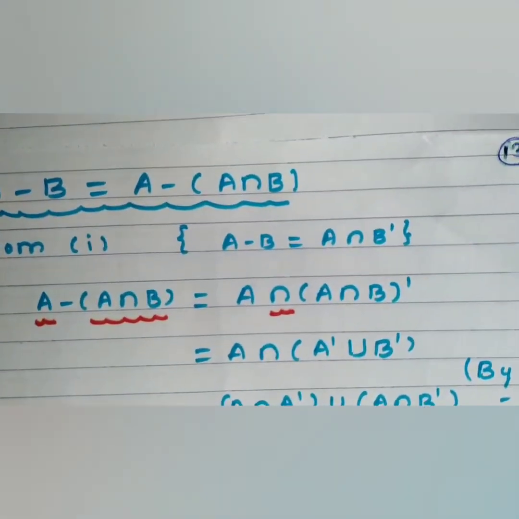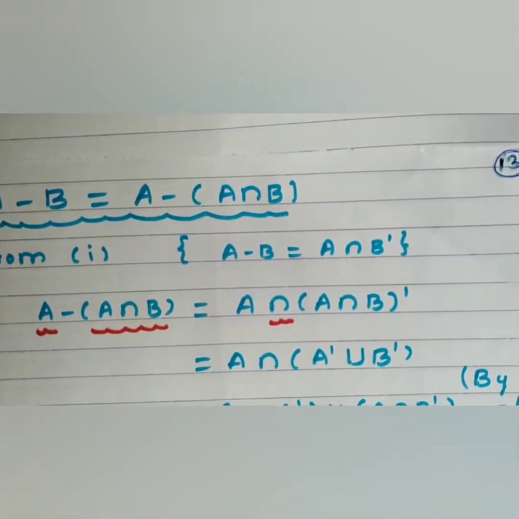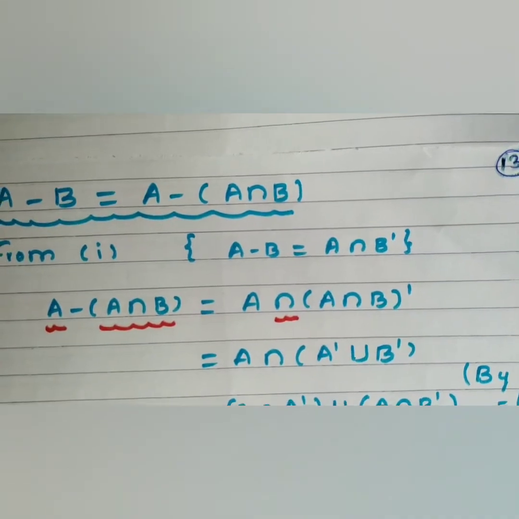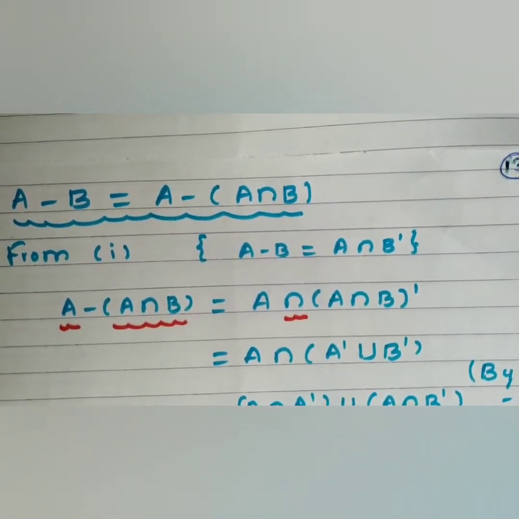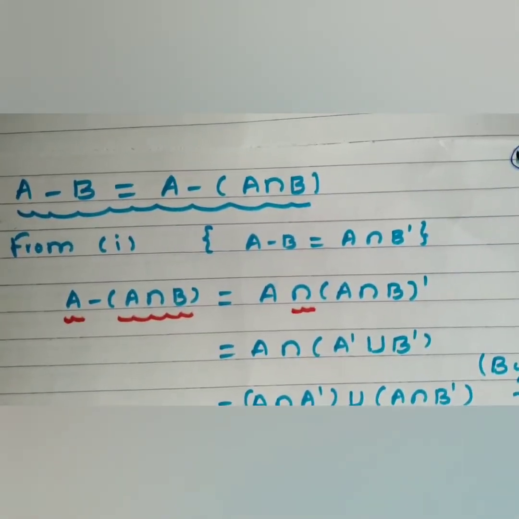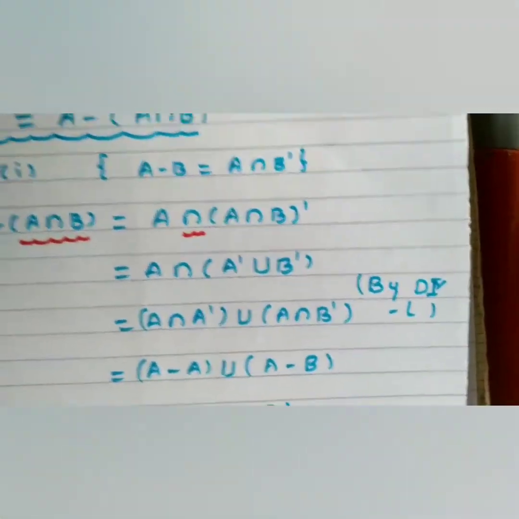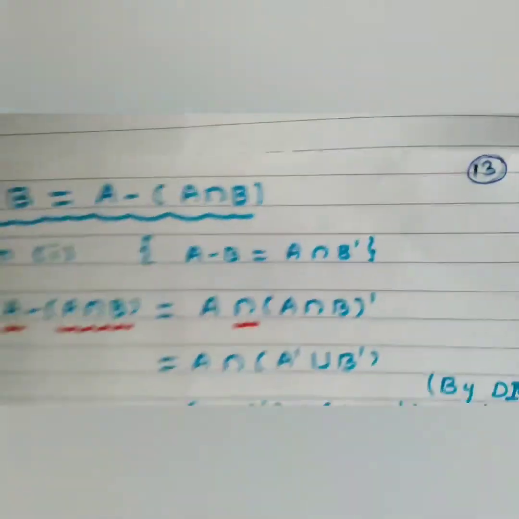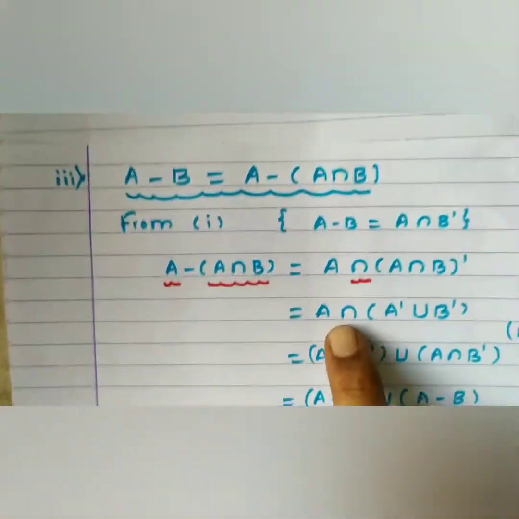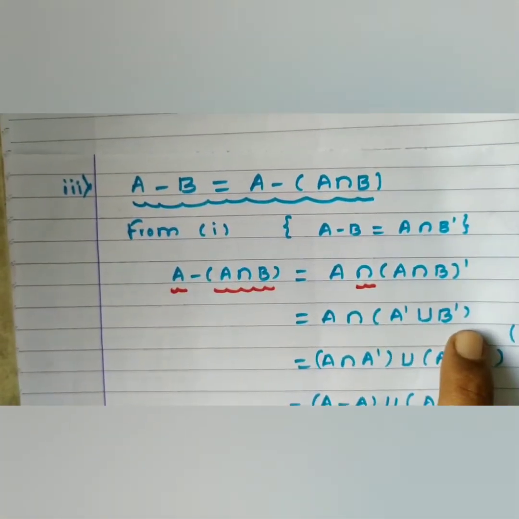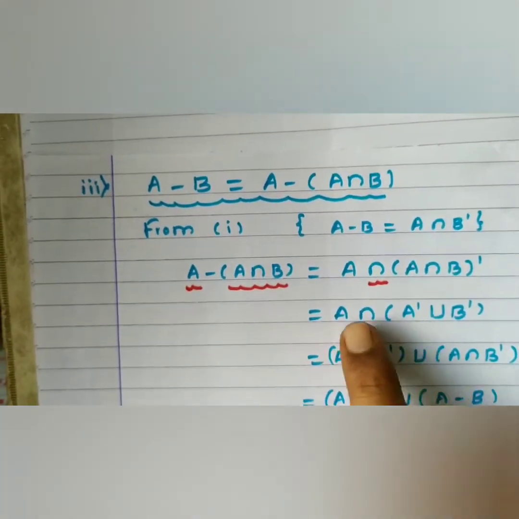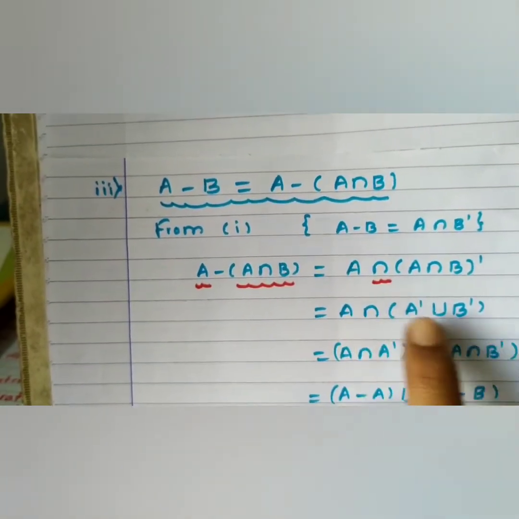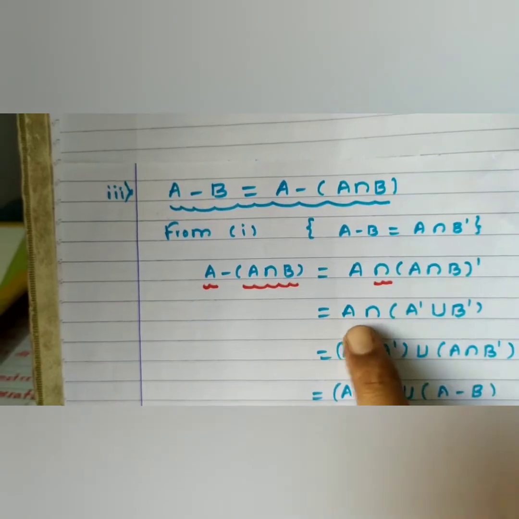In the RHS, there are no changes to A and the intersection symbol. What do you mean by A intersection B dash? By De Morgan's law, it is A dash union B dash. Next, A intersection bracket A dash union B dash. So A intersection A dash, keep union as it is, A intersection B dash.